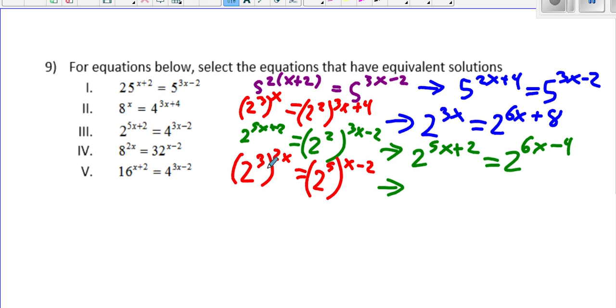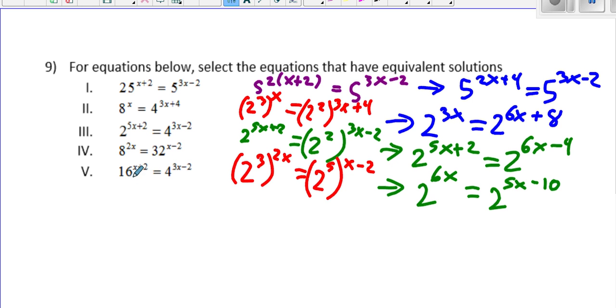So simplify those out, 6x. And then distribute that out. You get 2 to the 5x minus 2. No, 5x minus 10. You got to distribute it.